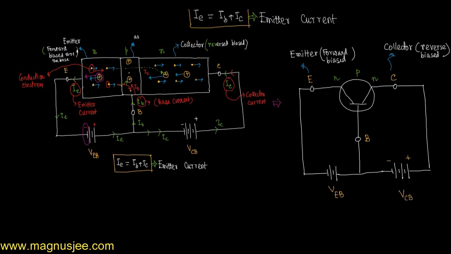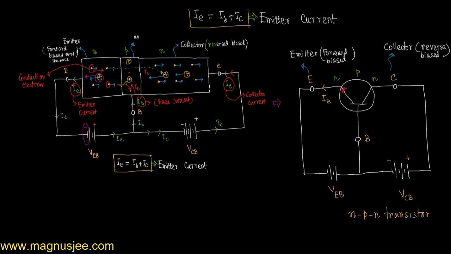VCB is the EMF of the external battery, which will be connected to the collector and base to provide reverse biasing. This is NPN transistor, in which emitter will be forward biased with respect to base and collector will be reverse biased with respect to base. And the EMF of the battery providing the reverse biasing to the collector, that is VCB, will be much greater than VEB.